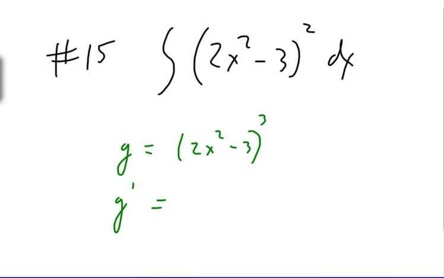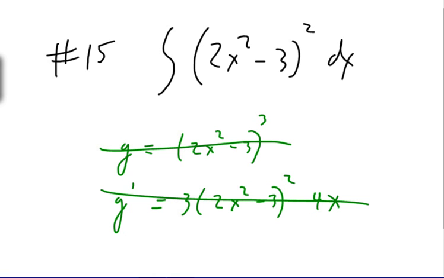And if I take the derivative, it would be 3 times 2x squared minus 3 squared times 4x. Well, that doesn't look like that. Alright, so I'm missing something. Yeah, I think the other way is more intuitive. We'll just forget about this altogether.